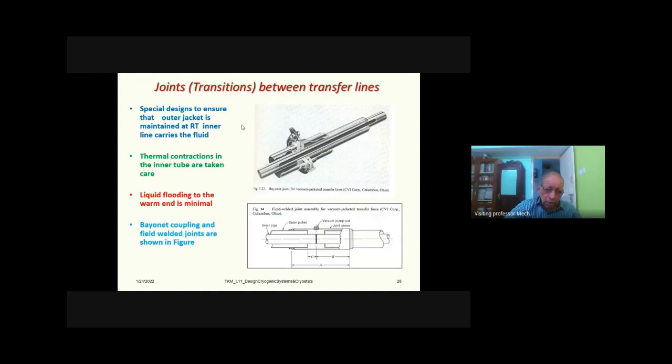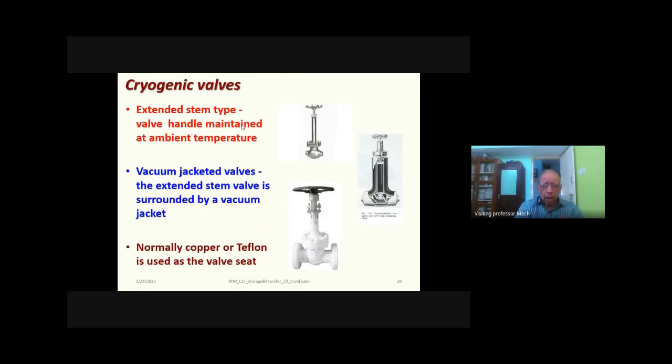The thermal contraction of the inner tube is also taken care of. Liquid flooding at the warm end is normally minimal. So bayonet couplings and field welded joints are quite normally used in the design of transfer lines.